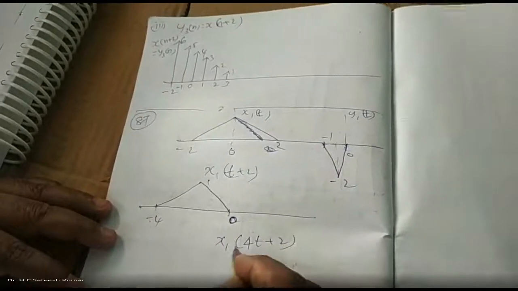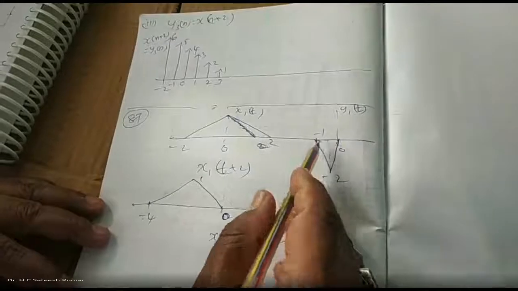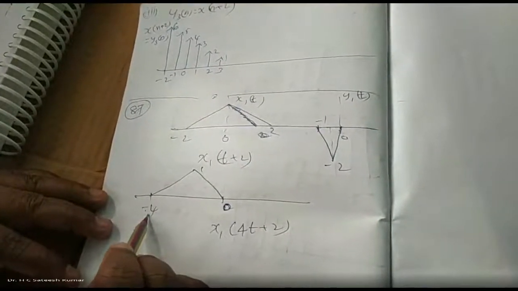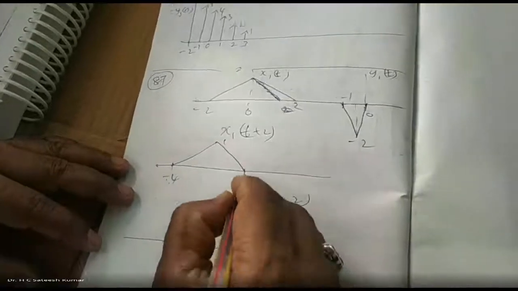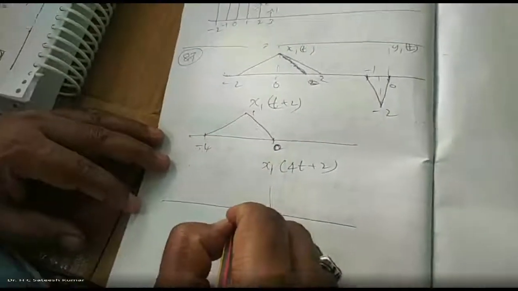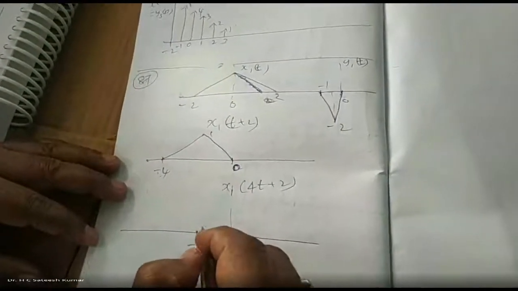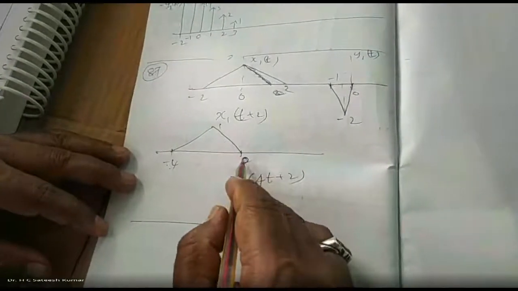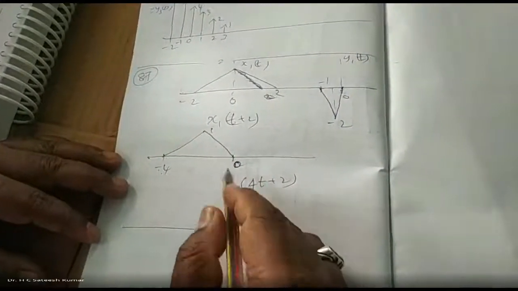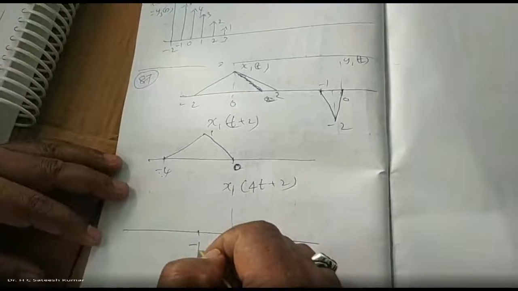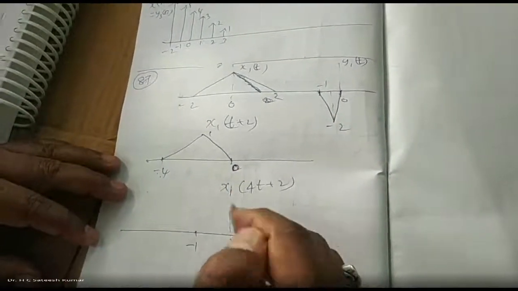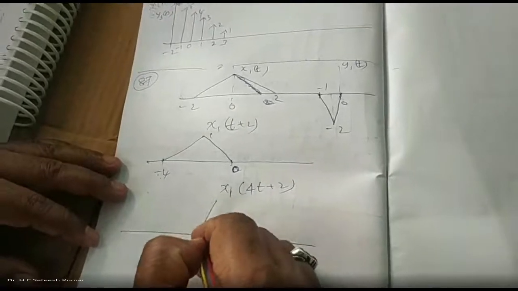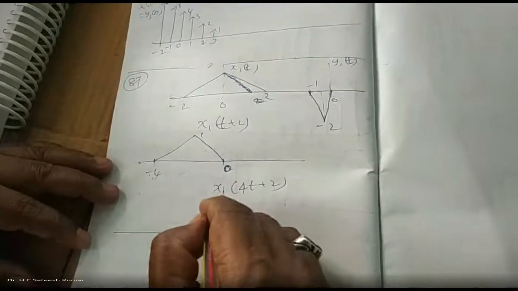Why am I doing 4t? Because I know I have to get minus 1: 4t equal to minus 4, therefore t is equal to minus 1. Automatically it will come to minus 1. And 4t equal to 0, therefore t is equal to 0. You will get it, and the amplitude remains the same, 1 only.